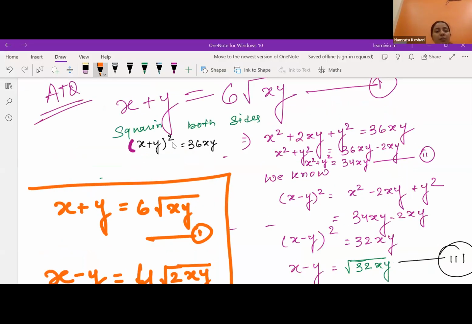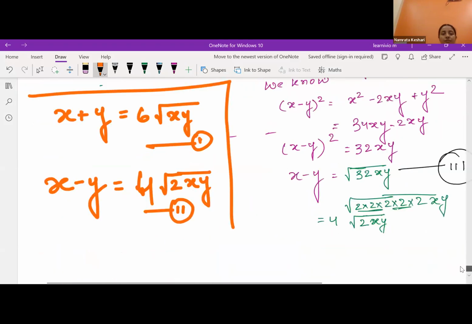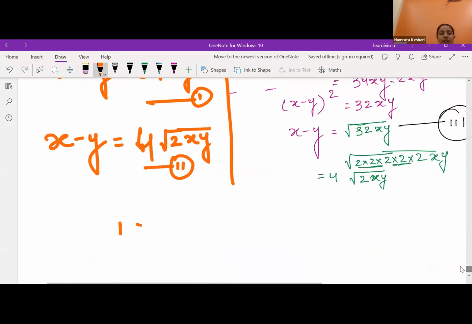Aisha, Manvi, Mariam, Nabila, Neha, any confusion? No, ma'am. Okay, let's move. We will divide 1 by 3. Okay, not 2, 3. This is 3. So you can see your equation number 1.